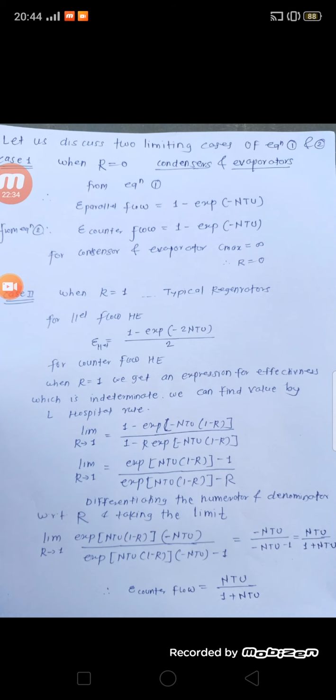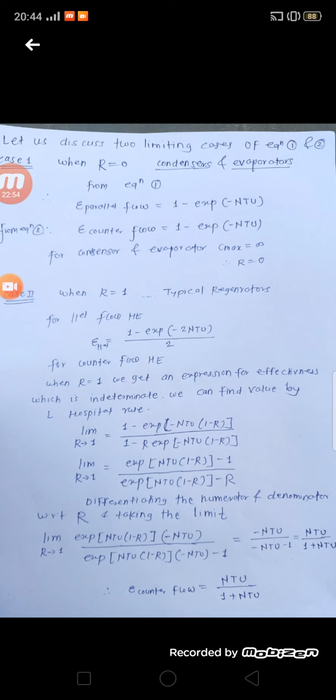What is the derivative of e raised to x? That is e raised to x into the derivative of x, that is minus NTU. Similarly, we take the derivative of the denominator term: e raised to this term into minus NTU, and the derivative of R is 1.